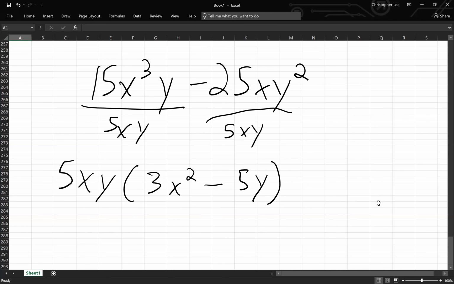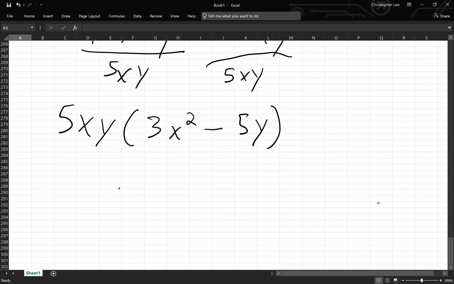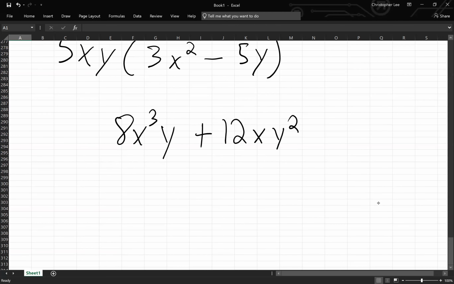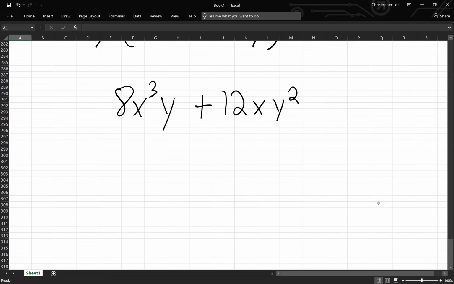8x, y, 12, y. Like that? Okay. So greatest common factor is what? 4x.